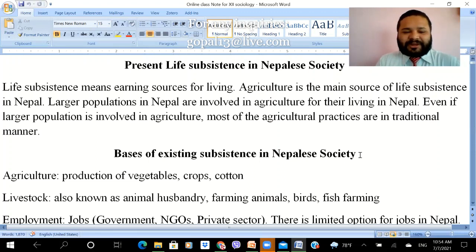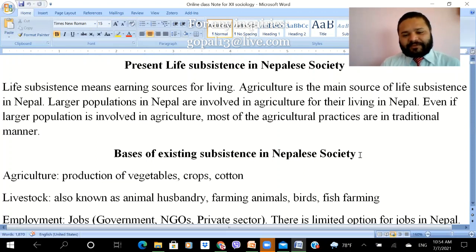Most people, whenever they talk about agriculture, think livestock also comes within agriculture. Yes, it does, but it is related. Agriculture means more related to plants, and livestock means more related to meat products or animal-related products. So livestock is also another subsistence in Nepalese society, also known as animal husbandry, farming animals, right?